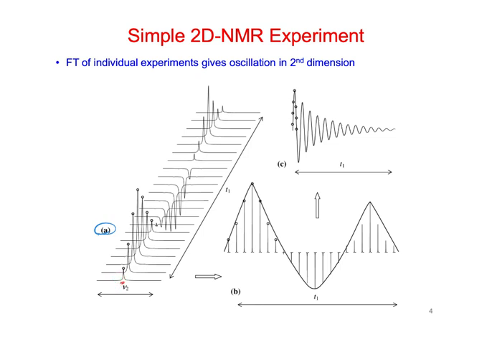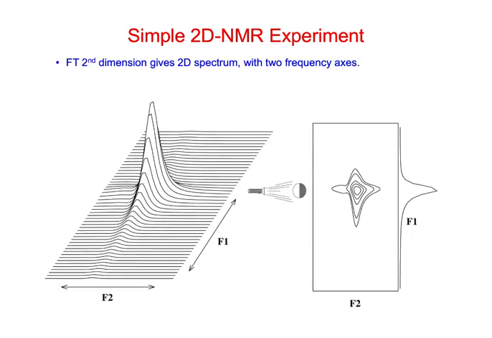So this looks like the FID. And so we essentially take this and we do a second Fourier transform. Okay, so we get a spectrum in a second dimension.